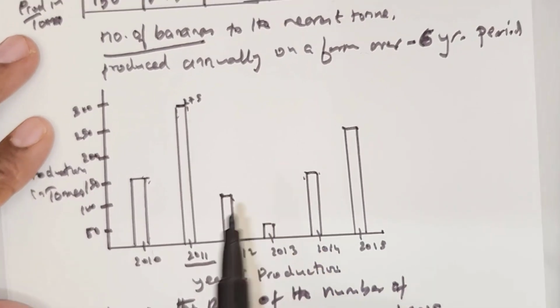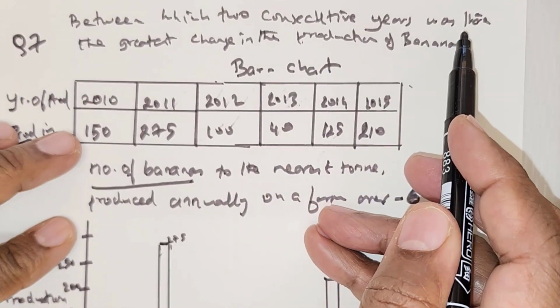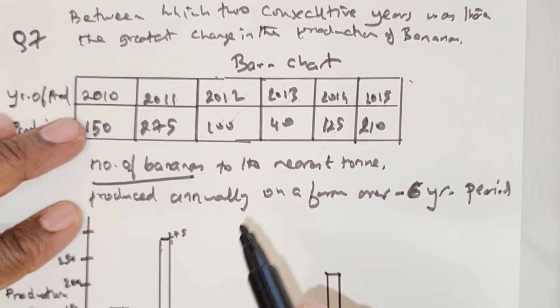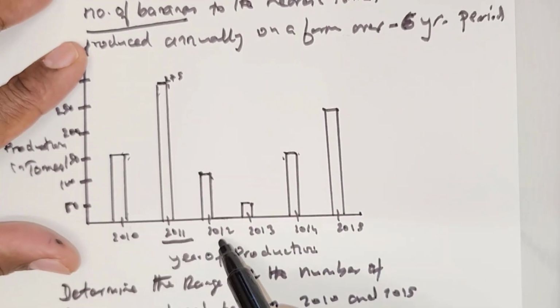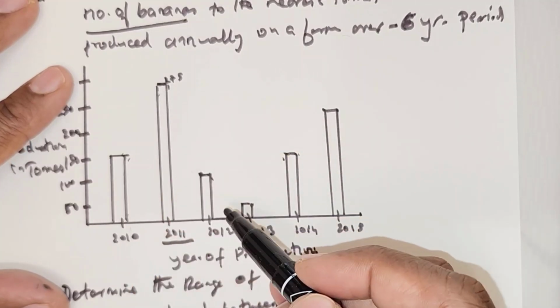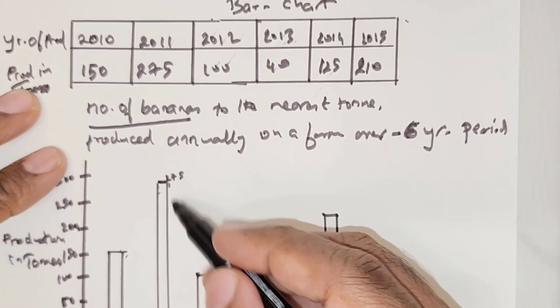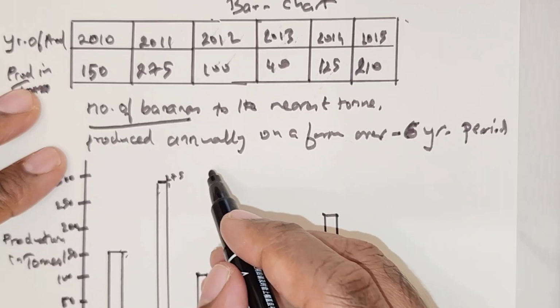Okay. So between which 2 consecutive years was there the greatest change in the production of bananas? So you need to state the solution. Between 2011 and 2012, I see a huge downward slope. It can be either downward or it can be upward.